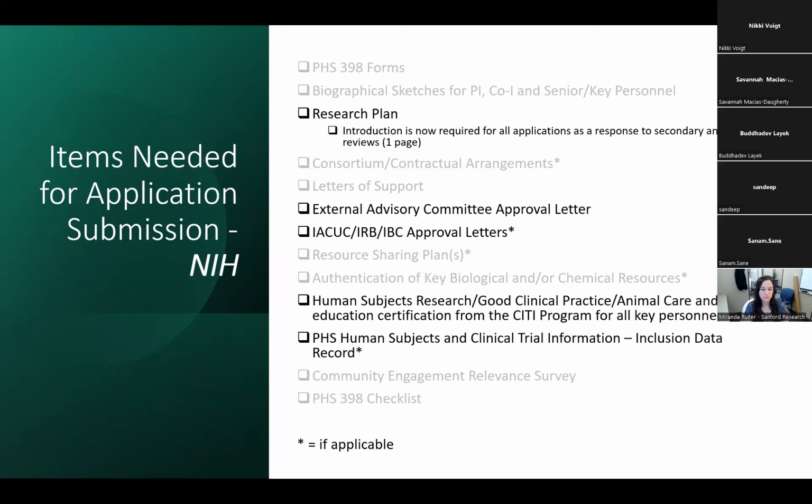And then again, if applicable to your project with human subjects or vertebrate animals, you have specific education courses and trainings that are required, and these come from the city program, and these are for all of the key personnel on your project. And then you have human subjects and clinical trial paperwork. And next slide.